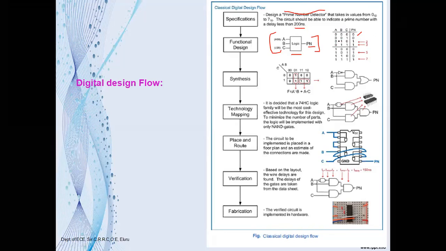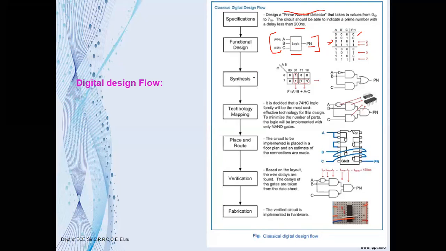When you apply 0, 1, 0, it is the decimal number 2, so it has to produce a logic high output, so that we understand the given number is a prime number. If the output is 0 for the given input combination, the number is a non-prime number. So first we specify the specifications and then we describe the functional design. In the functional design, you can have a block diagram or a truth table, because the truth table describes the behavior of the circuit.